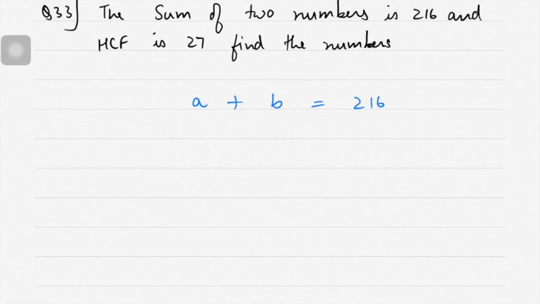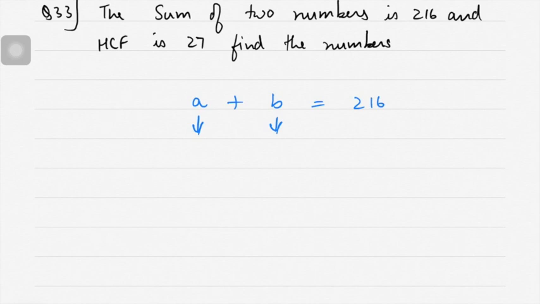A and B as two numbers, and the sum is 216. Fine. And the HCF, that is highest common factor, is 27. So 27 is the common factor. It is common for A as well as for B. Correct? It is a common factor for A and B, because 27 is a factor for A also, for B also, right?